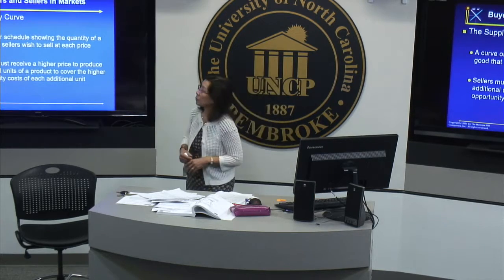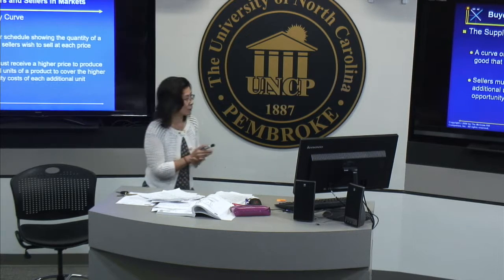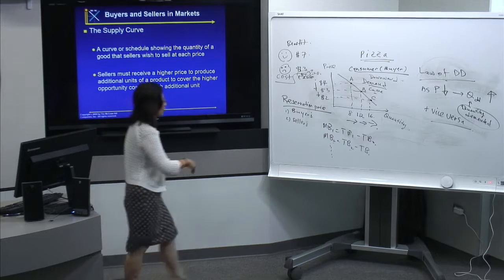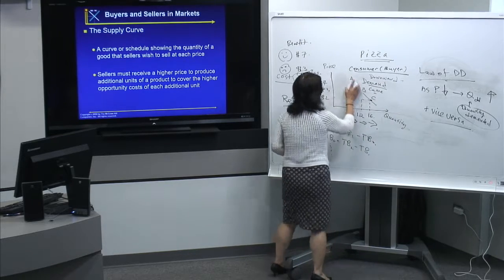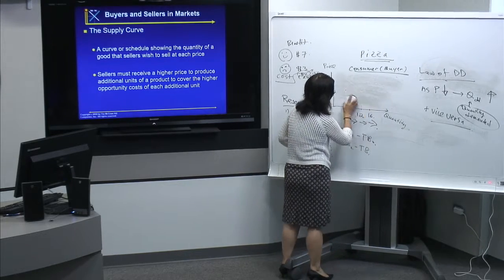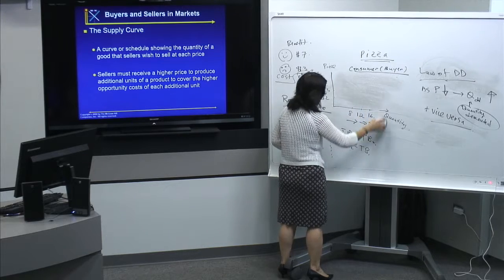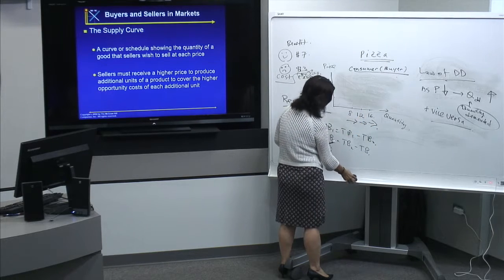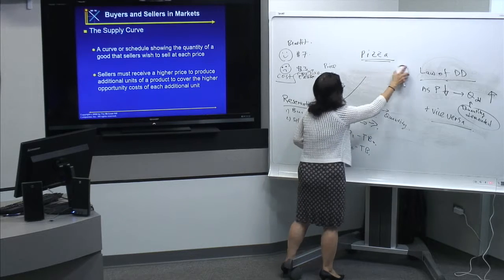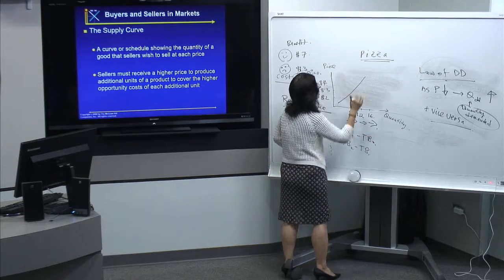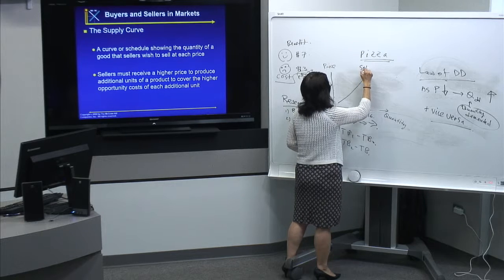Okay, let's move on to the supply side. The supply side of the curve is the other way. So now I'm gonna erase this. And I'm gonna say this is a supply curve now. Now we're looking at the producer or the seller.